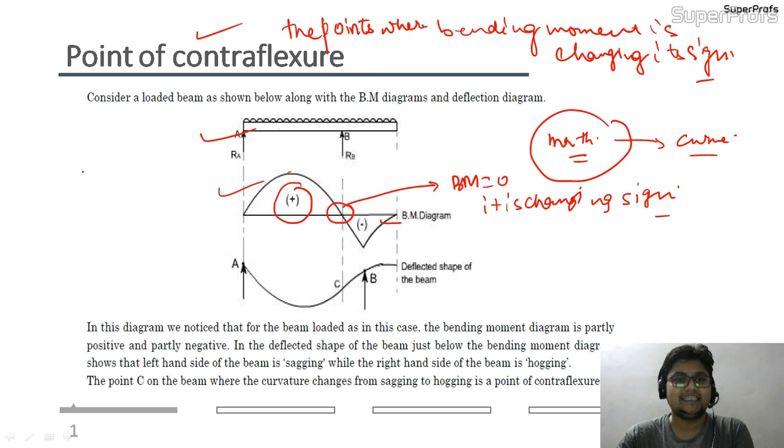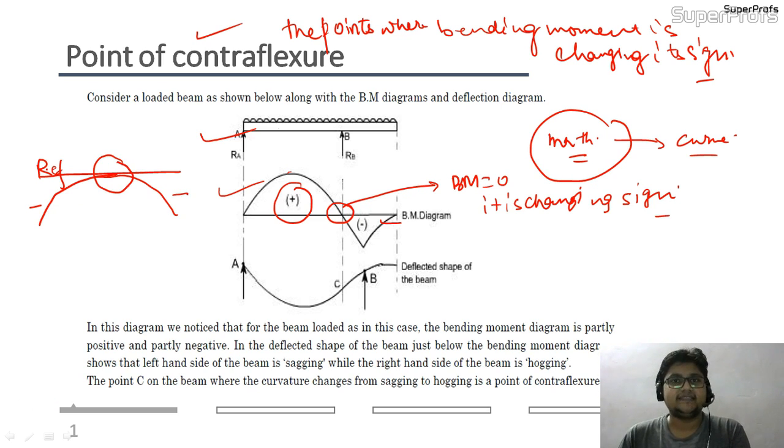In the last lecture, I gave you an example also. Suppose this is my reference line and I am getting a bending moment something like this. It just touches the reference line and again comes down. So earlier it was negative and now also it is negative. Though this point represents that the bending moment is 0, we will not call this point a point of contraflexure.